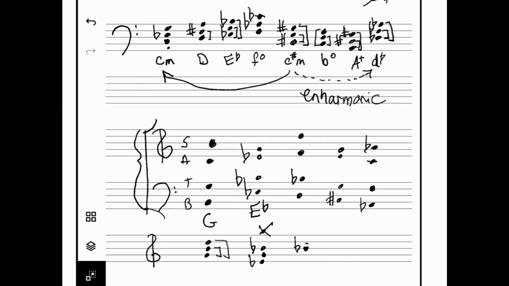Okay, how about B flat, D, F? Now it looks like root position, yeah. And B flat, D, F, maybe it's one that you've started to memorize already. It's got a major third and a perfect fifth. This is a B flat major triad. It happens, by the way, to be in first inversion, but again, you don't need to worry about what inversion it is right now.